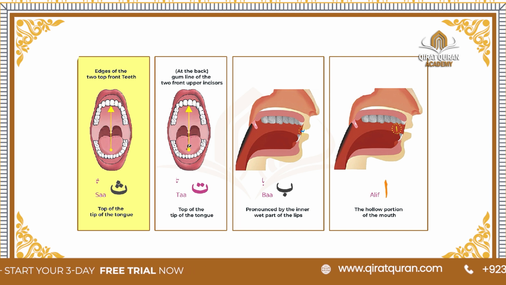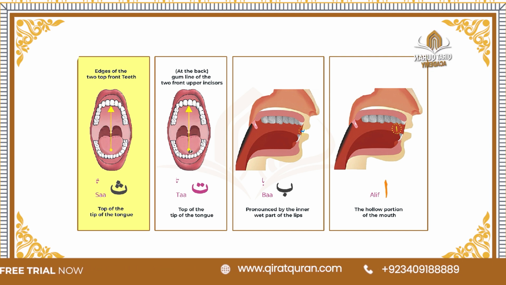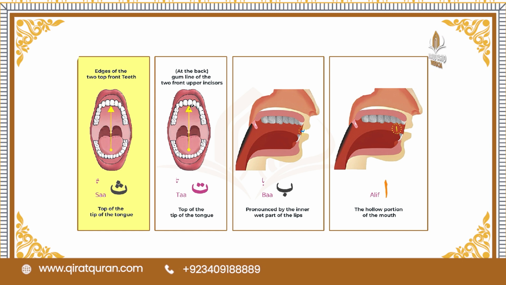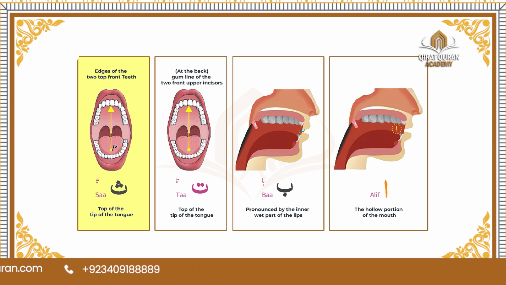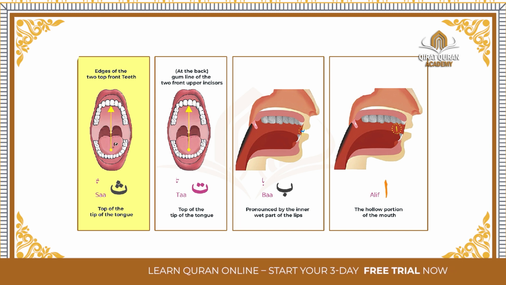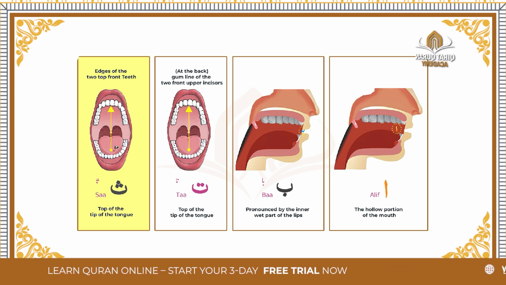In Ta, we were putting the tip of the tongue at the gums of the upper teeth, but in Sa, we have to put the tip of the tongue on the edges of the front teeth. Okay, so that's how you have to pronounce Sa.